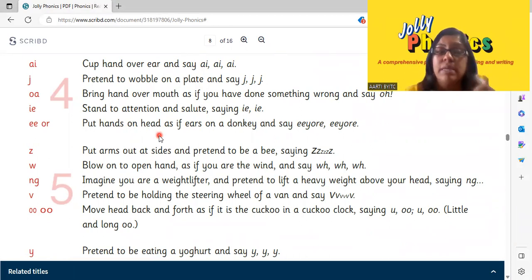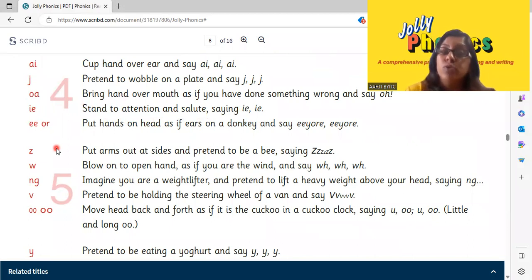So long E sound because two E's are there, try to understand it, and OR is there, so or sound. So in case of AI, OA, IE, and EE, OR, they are all falling in group 4, right? We need to understand the actions and we need to understand the joining sounds.